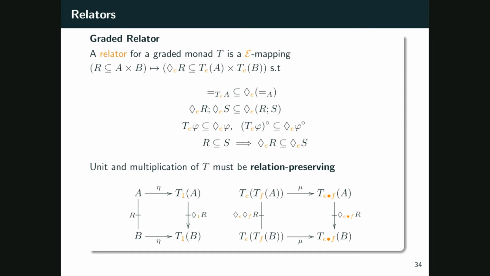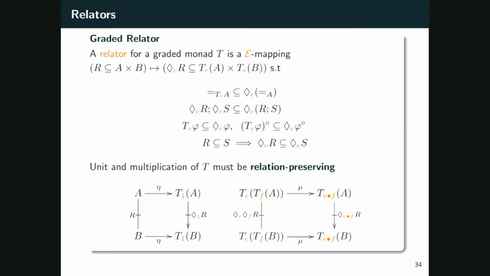And we require this lifting to satisfy some structural properties, and some of them are actually quite natural. We have quasi-reflexivity, quasi-transitivity, monotonicity, plus some conditions on the monad structure, which require the unit and the multiplication of the monad to preserve relations, which can be expressed in a compact way using these lax commutative diagrams.